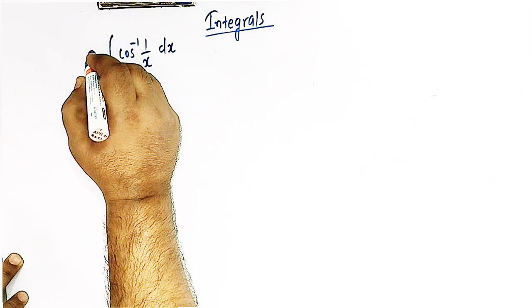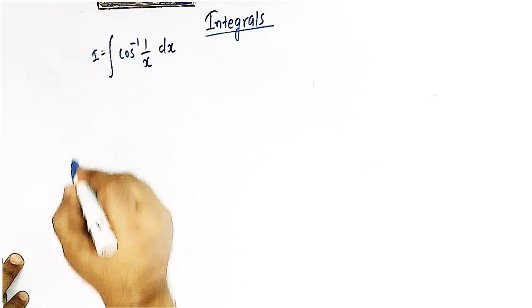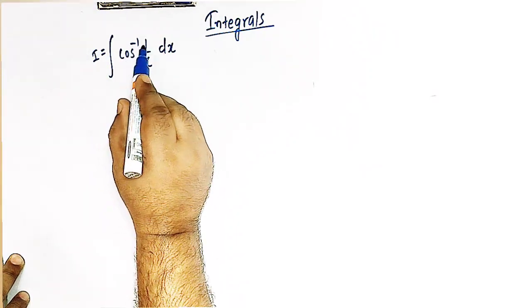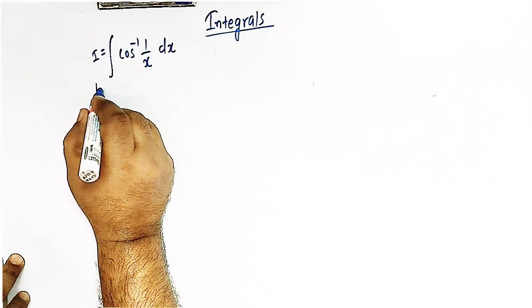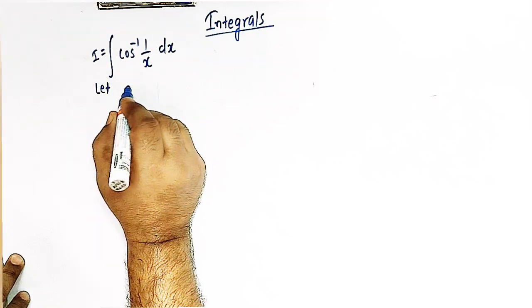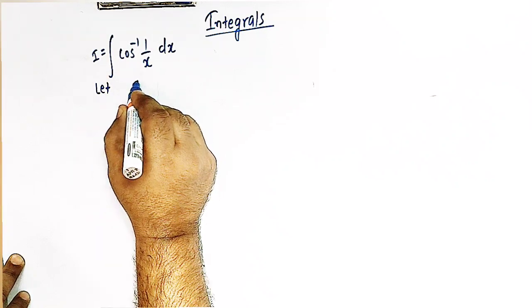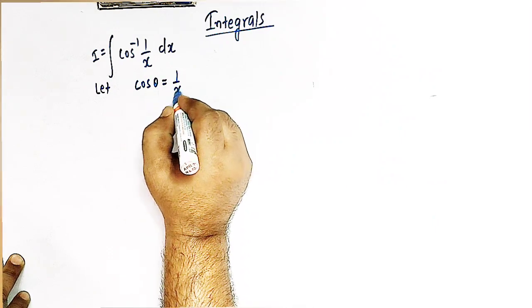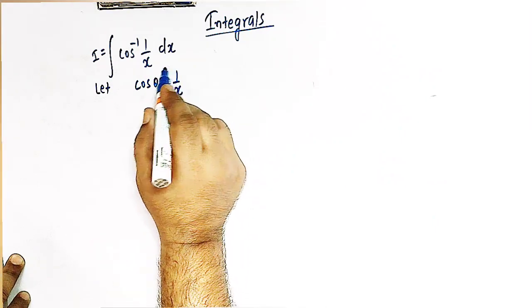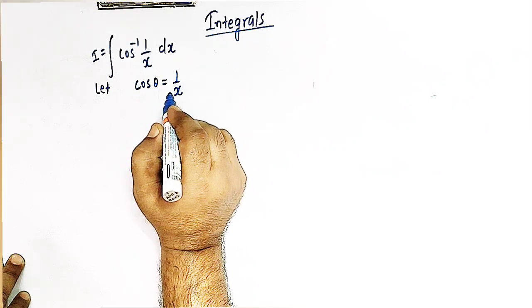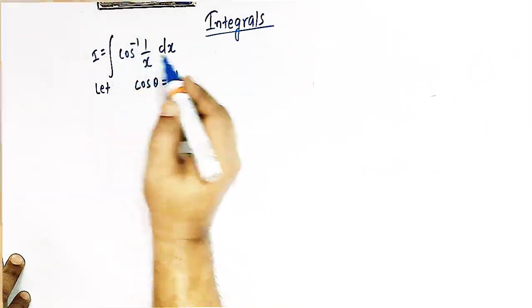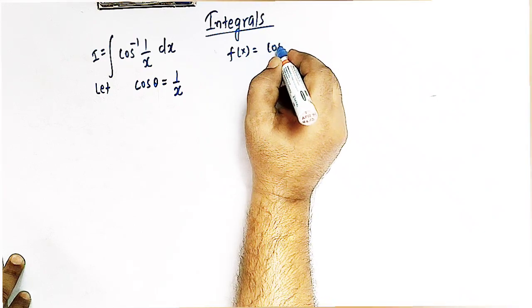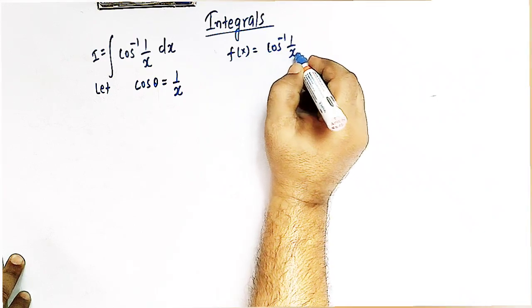So let us call this integral as I, and here we have cos inverse of 1 over x. Let us make this substitution, that is cos theta is equal to 1 over x. Why have we taken this substitution? Because our integrand f of x is cos inverse 1 over x.